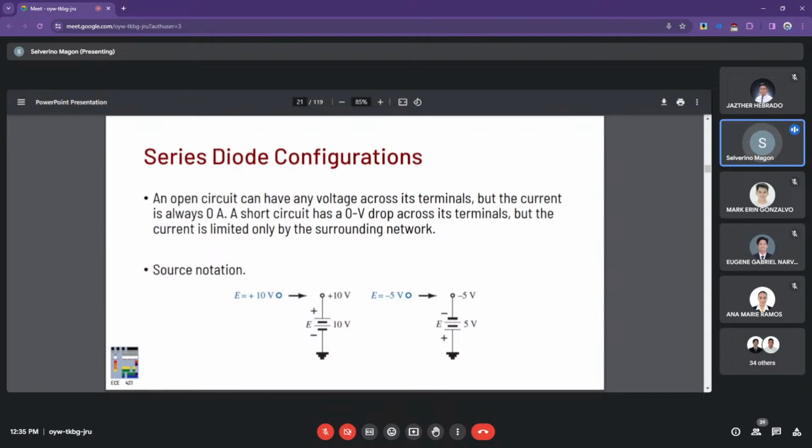So in the previous example, although it has high voltage across, it's in off state because it has zero current. An open circuit can have any voltage across its terminals, but the current is always zero. Therefore, the short circuit has zero drop across the terminals, but the current is limited only by the surrounding networks.